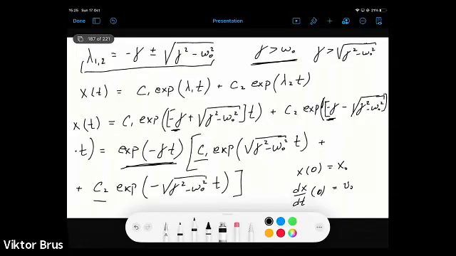So we will have just two terms which will exponentially decay over time. So we don't have any periodic component here, and it means that if we take the system, block, string, out of equilibrium condition, in the overdamped case there will be no oscillations.